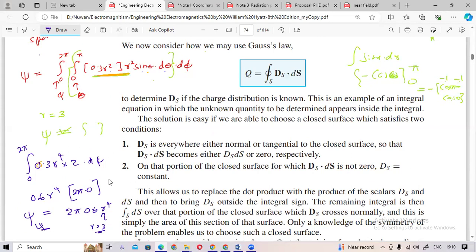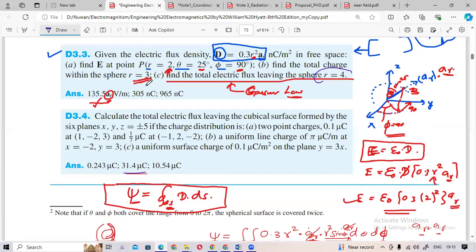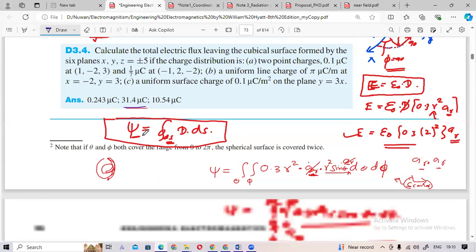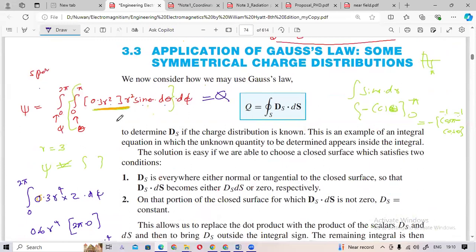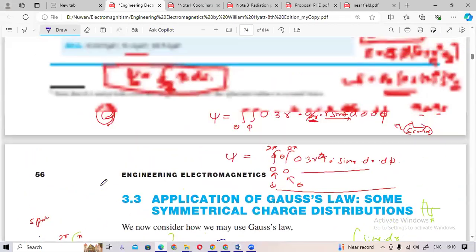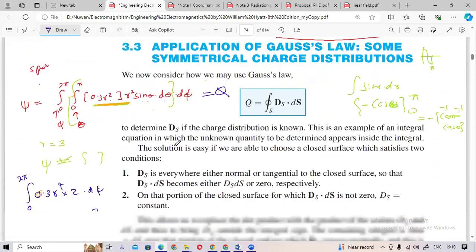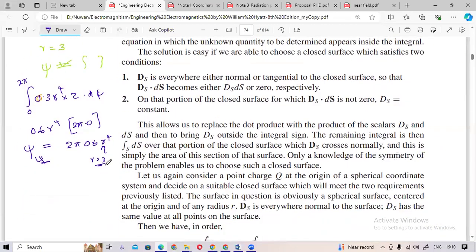Actually, this phi is equal to Q. Here you are asked to find the total charge, that is Q, the same thing. So here R is equal to 3. And for the total electric flux leaving the sphere, for this one you have to apply R is equal to 4. So that is it.